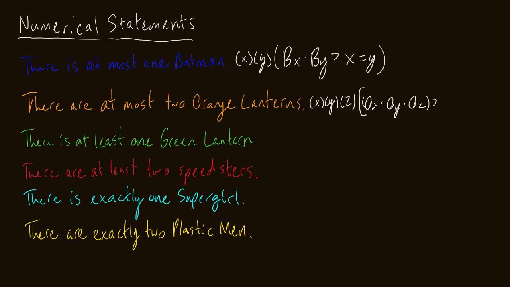Then, what's the case? Well, I have three variables here. And again, I want there to be at most two Orange Lanterns. So if I find that x, y, and z are all Orange Lanterns, then it needs to be the case that one of these variables is equal to another one. And I have to cover all of my cases. So by that I mean I have to say x is equal to y, or x is equal to z, or y is equal to z.